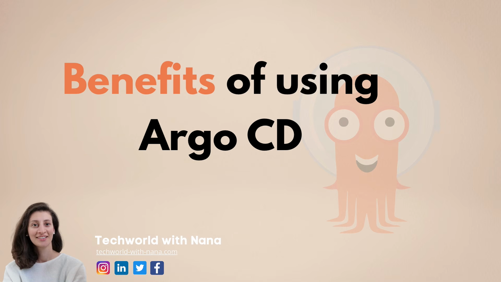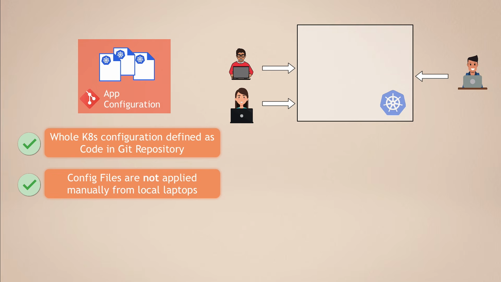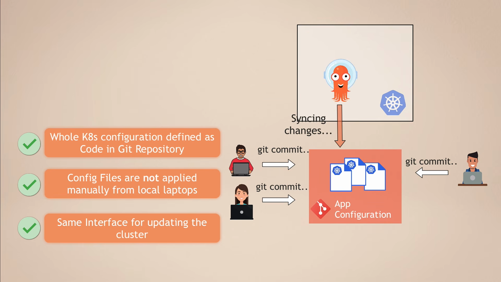Now let's see some benefits that using GitOps in your project has with an example of ArgoCD. The first benefit is that we have the whole Kubernetes configuration defined as code in a Git repository. So instead of everyone doing stuff from their laptops and executing scripts and doing kubectl apply or helm install commands, they all use the same interface to make any changes in the cluster.